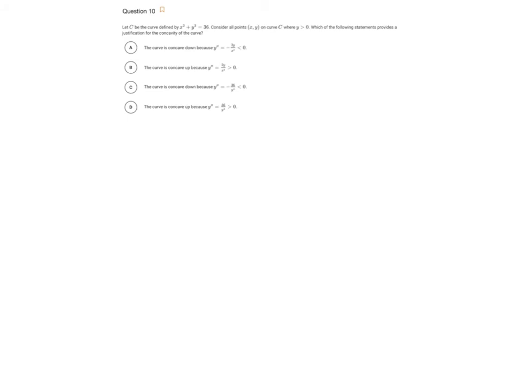Okay, so we'll take the derivative. Actually, let's just solve for y prime. It's really going to be x over y because the 2's will cancel. Now we'll take the derivative of that, using the quotient rule. I'll put this negative out front.